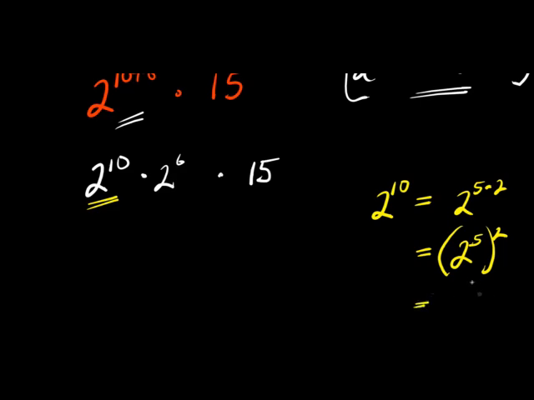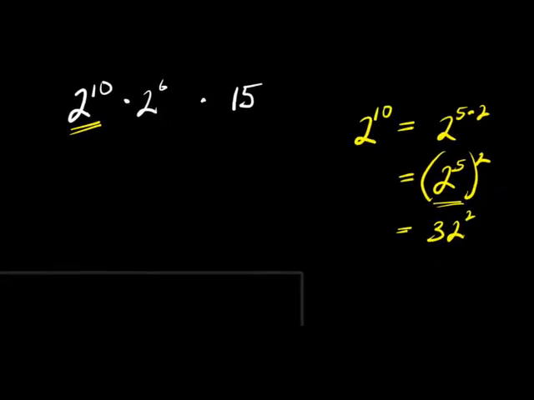From here, 2 power 5 is simply 2 times 2 times 2 times 2 times 2. That is 2 in 5 places, and that is 32. This to the power of 2. So finding the square of this is 32 times 32.